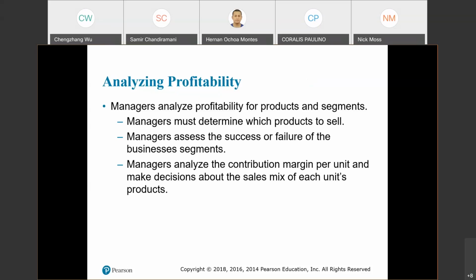Let's now in this chapter expand that analysis to include decisions about products and business segments. Well, in this type of analysis, it is more helpful to use variable costing.